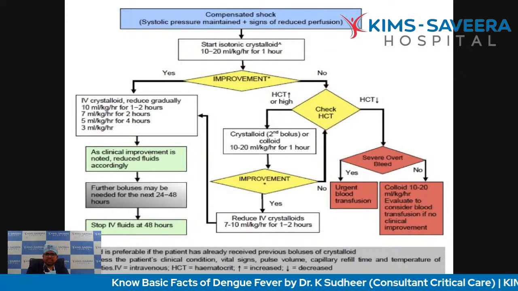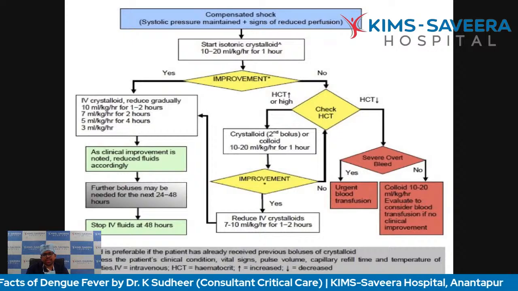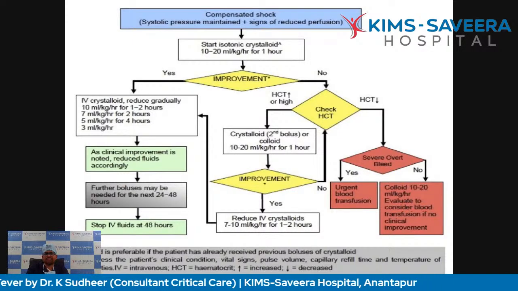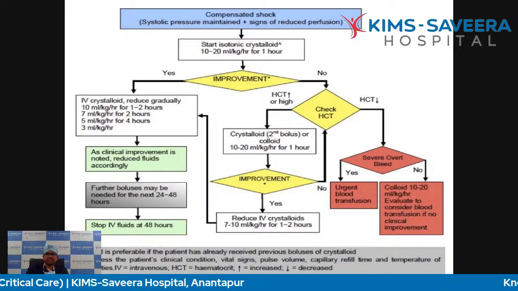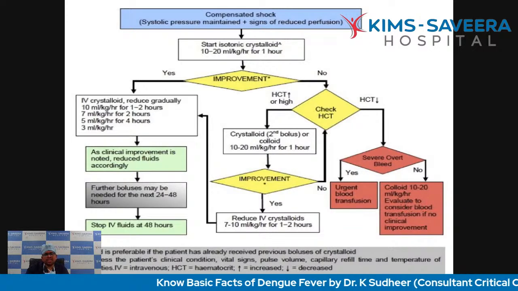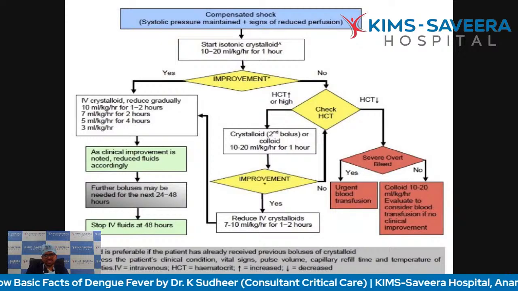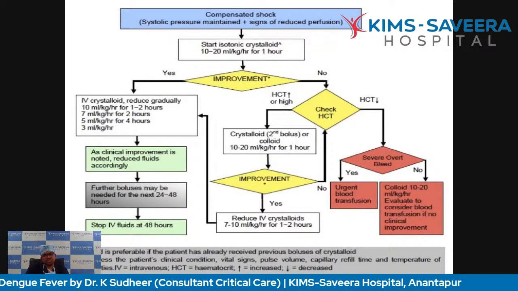The approach is simple: we give crystalloid solutions at 10 to 12 ml per kg in the first hour, and we see the improvement in BP, heart rate, and everything. If it has improved, we decrease the dose of IV saline and see the response. We check the hematocrit levels every fourth and sixth hour in the initial stages if it is severe shock.